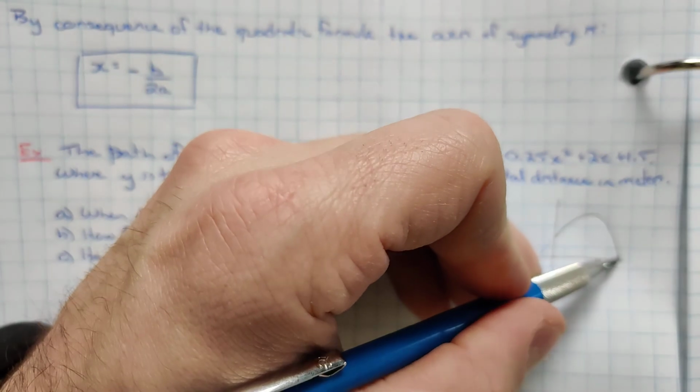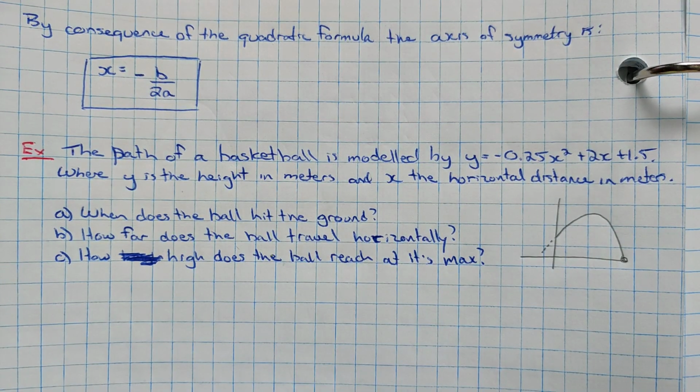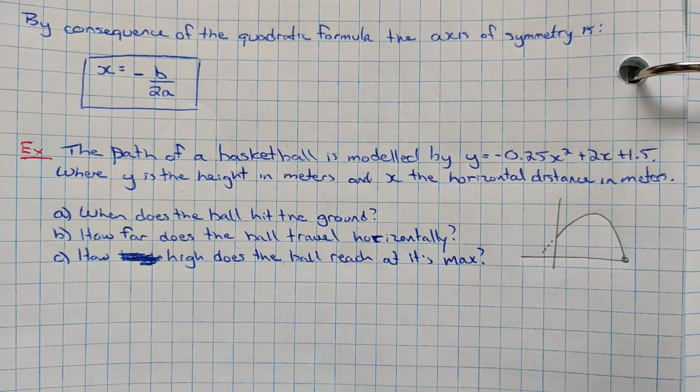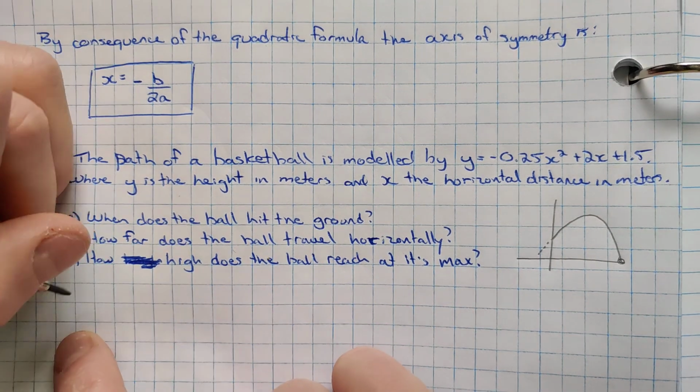So we want to know when the ball hits the ground, so we're looking for a 0. We can find zeros by factoring, but we have these decimals. Rather than trying to factor with decimals, why don't we use the quadratic equation?